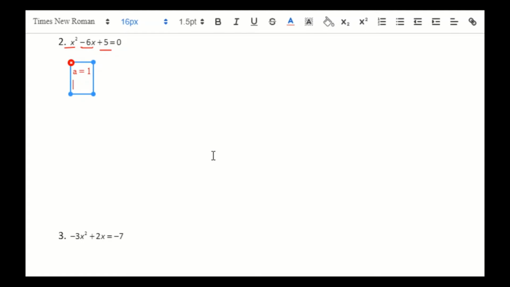So it's not 0, it's not x squared, it's just 1. So that'll happen anytime you have no number. Like if this was, let's say, 2x squared minus x, well, then this would be -1 in that case. C here is 5, and then we want to go ahead and write out the quadratic formula and plug everything in.